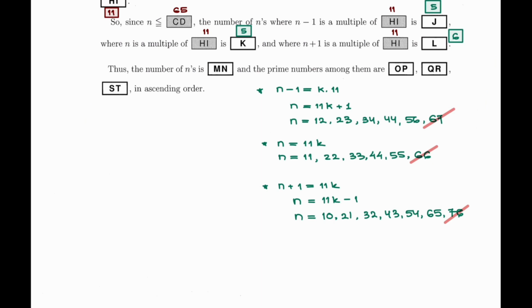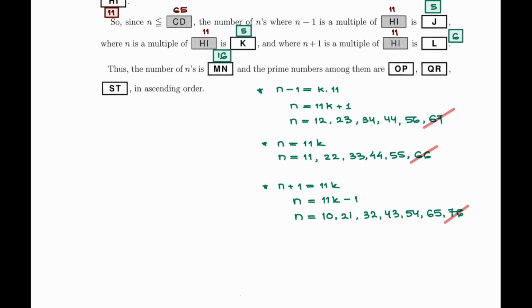Last but not least, the number of n's is blah blah blah. So the total possible number of n is 5 plus 5 plus 6. You get 16. And the prime numbers among them are, now you just observe which one is a prime number.